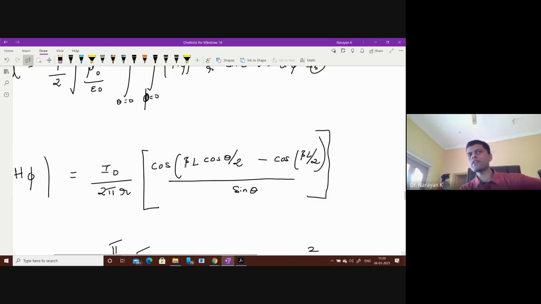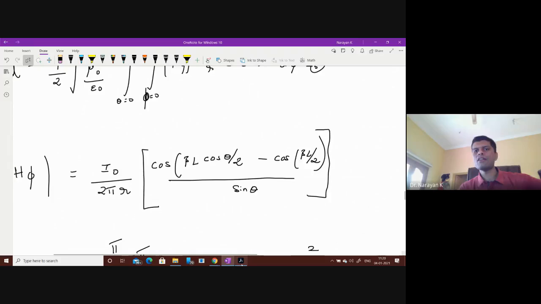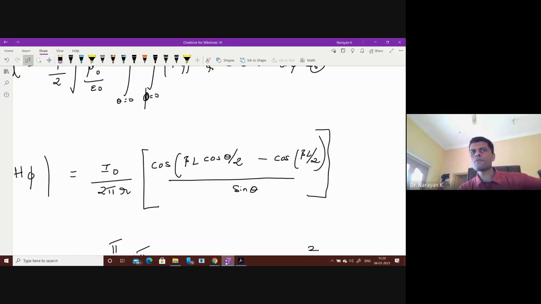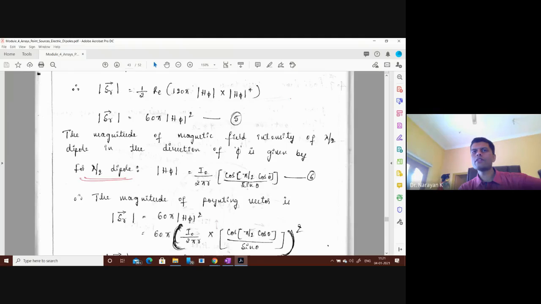So if you substitute beta is equal to 2 pi by lambda, then this theta by 2 can be approximated as equal to theta. So then you will get this. If cos theta by 2 is approximated as theta, you will get cos theta here. Suppose this beta is 2 pi by lambda and L is equal to lambda. So what happens is here lambda will get cancelled. So you will get here.